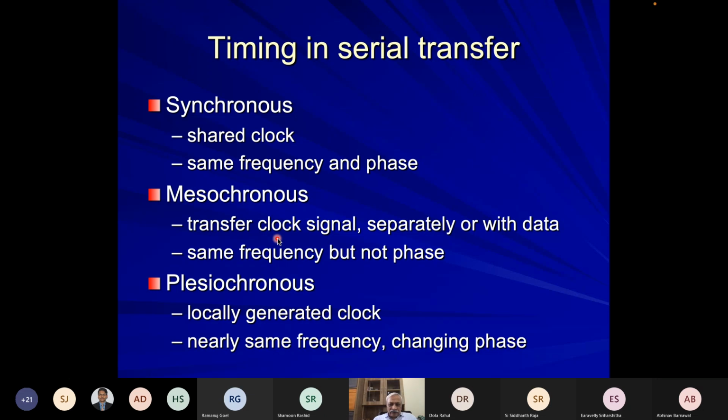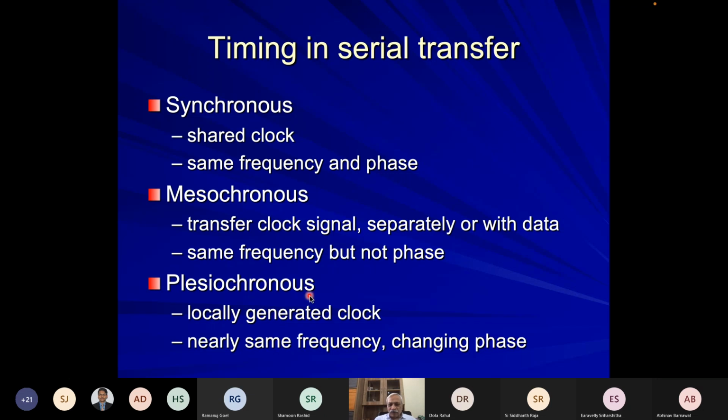The third is plesiochronous, where there is no clock being sent from one end to the other end, but the two parties try to generate their own clock locally at the same agreed frequency.